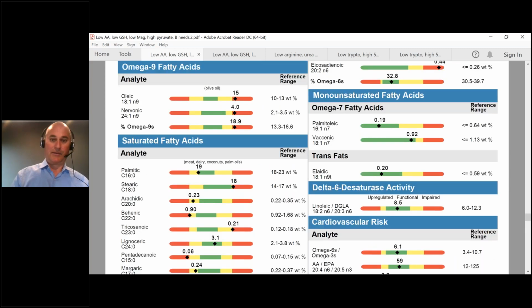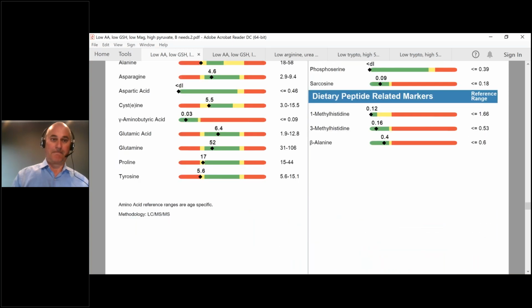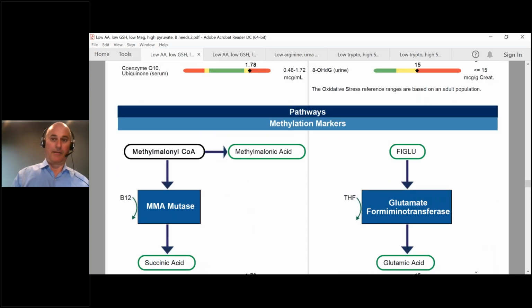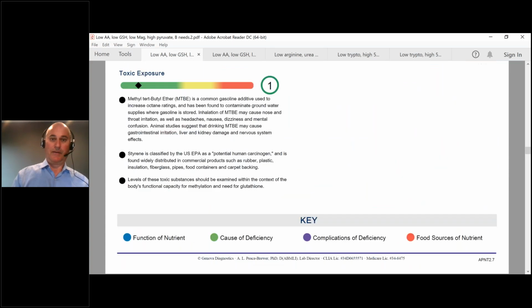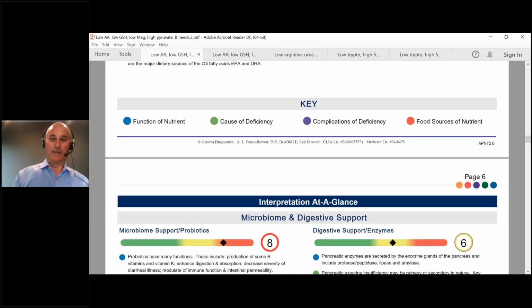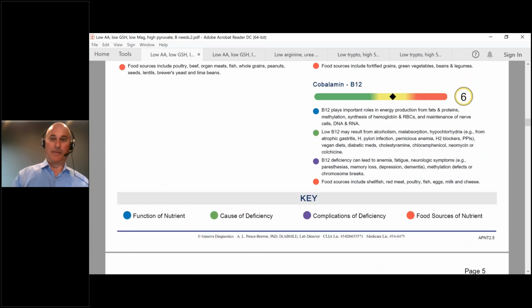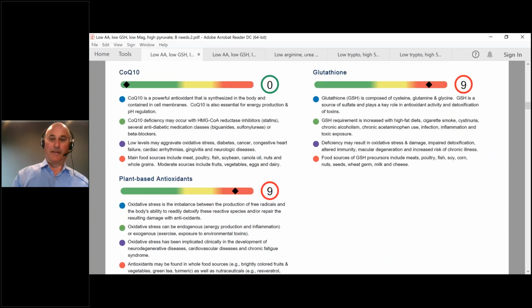Let me just go back up there so you can see they rate that. Where to go? It's up here. In the diagram thing here. There it is, glutathione. Okay, so we already knew they had a problem with glutathione.